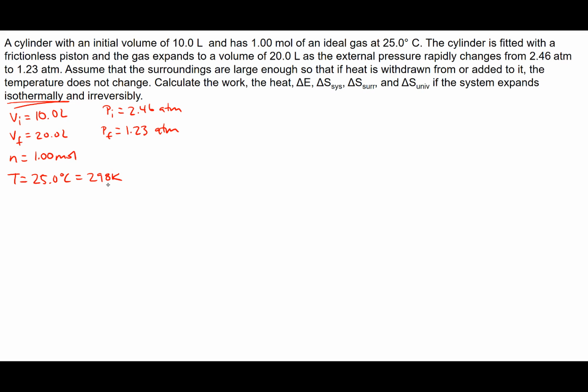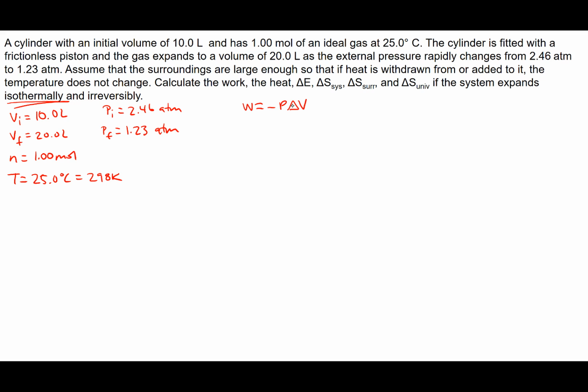Now, because we're doing an irreversible expansion that's happening rapidly, where we're changing the volume but also the pressure, the thing to think about is that because there's a change in volume, there's going to be work done. So work is equal to negative P delta V. The pressure you use is the final pressure.